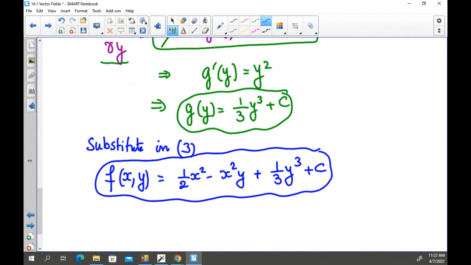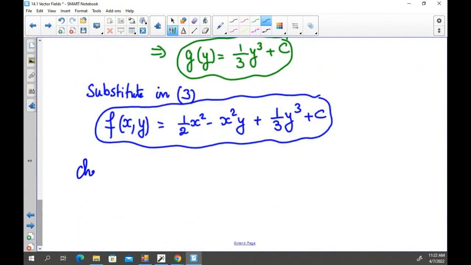Nice and easy. And you can check, if you want, that the gradient of f, the derivative with respect to x, will be x minus 2xy.